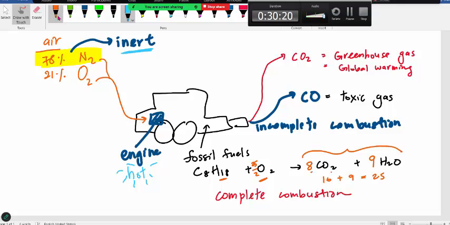So carbon dioxide is from complete combustion of fossil fuels.